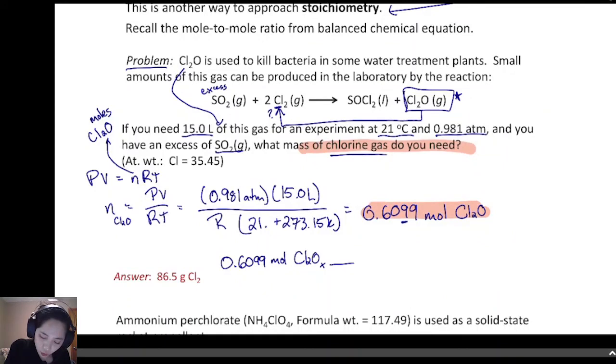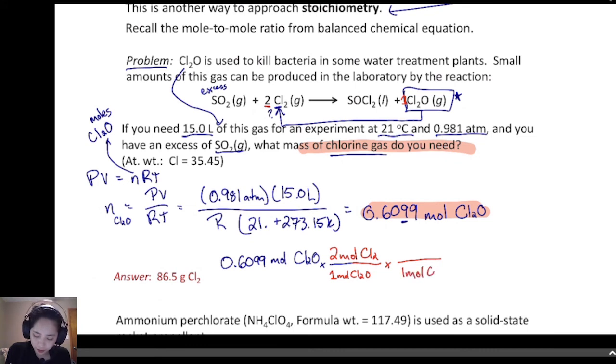There's 1 mole of Cl2O for every 2 moles of chlorine gas. If the question asked how many moles of chlorine gas you needed, I'd stop right here. But it actually wants mass, so we need to go one step further and use molar mass.